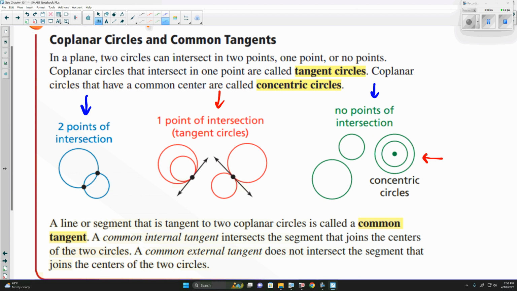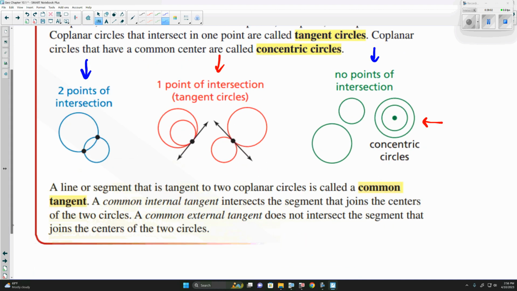Now, coplanar circles that intersect in 1 point are called tangent circles because they're tangent to each other. Circles that have no common points are concentric circles. A line segment that is tangent to two coplanar circles is called a common tangent. So if it's tangent to both circles, it's called a common tangent.